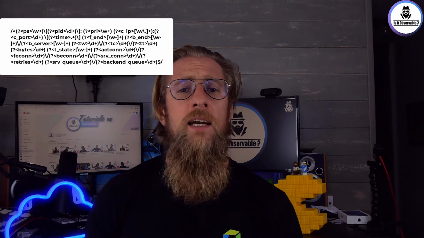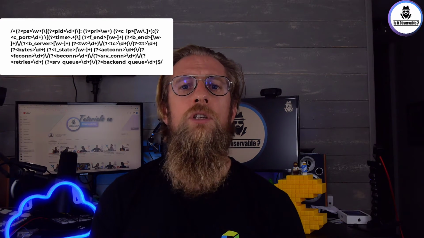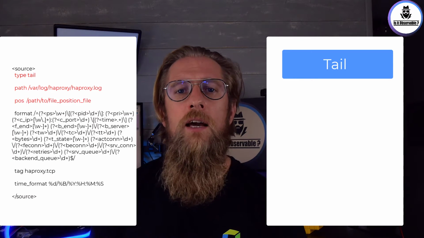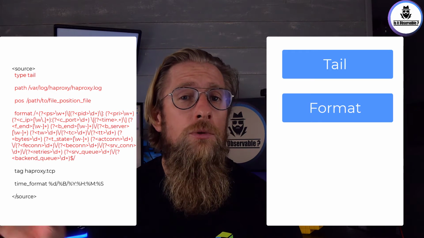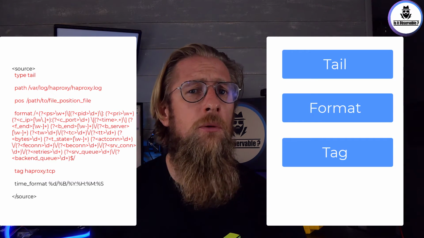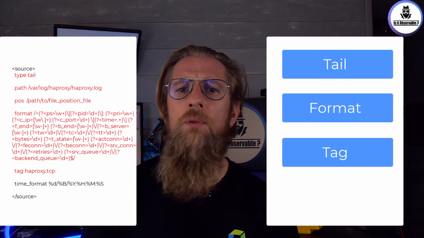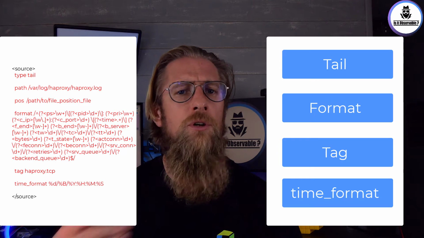So at the end, we can build a logstream pipeline collecting the logs using the input plugin tail, because it will read from a file. Then we will format the logs using our regular expression. We extract the various content, we can tag it so we know it comes from HAProxy, and then we can structure it by adding some times and labels, and forward it somewhere else.